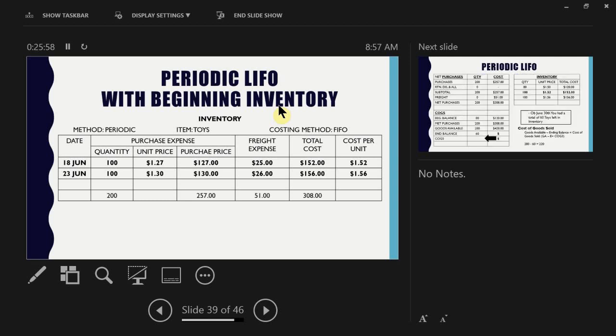So now this is where we're going to calculate our total purchases. Remember, our purchases are separate from what we originally have in our inventory. So in this case, we're only calculating what we purchased in general. Here you go, 200 items costing me $257 plus a total of $51 of freight, giving me a grand total of $308.